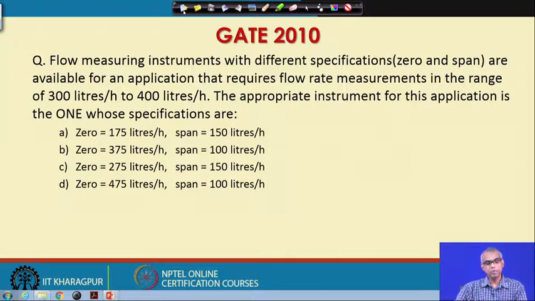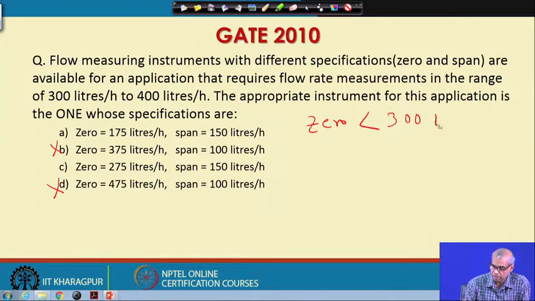So, zero should be less than 300 liter per hour.